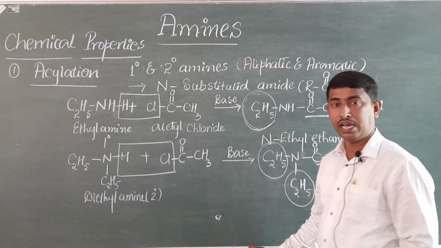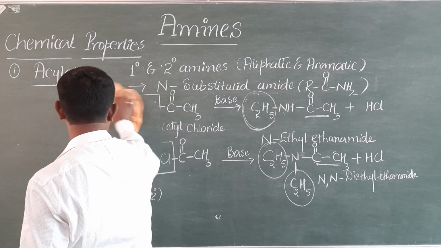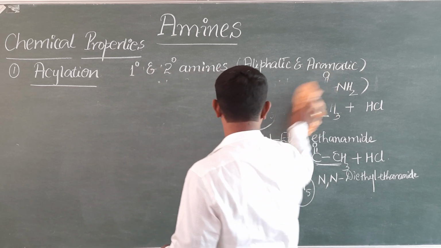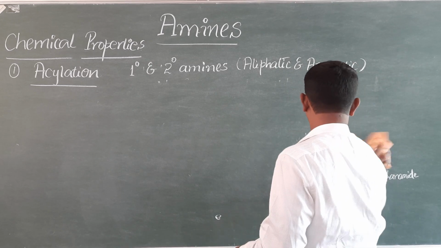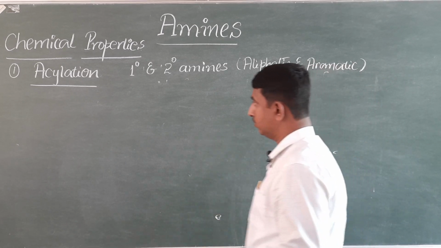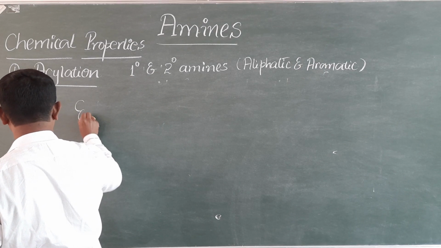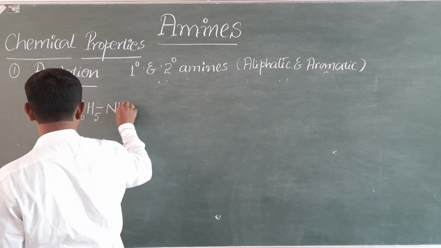We can take aromatic amines also. Let us take aniline. The formula of aniline is a benzene ring, C6H5NH2.